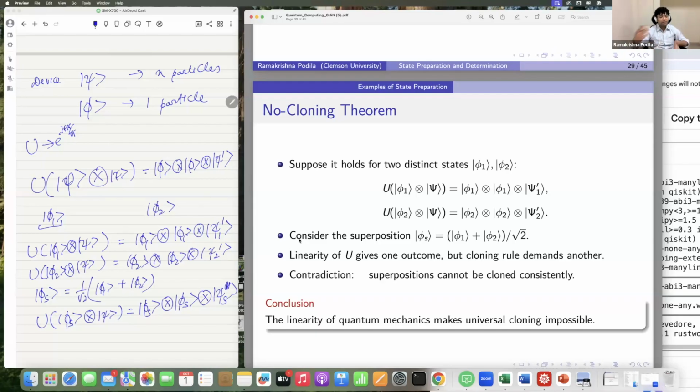That is the device state after copying the superposition state. Are you able to follow me? Any questions?